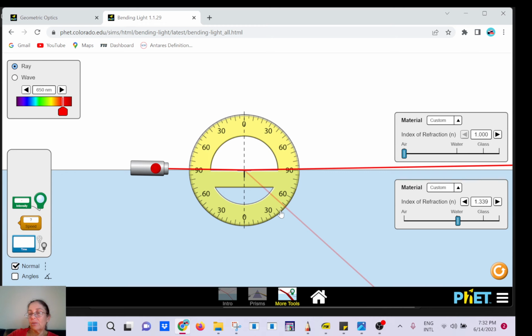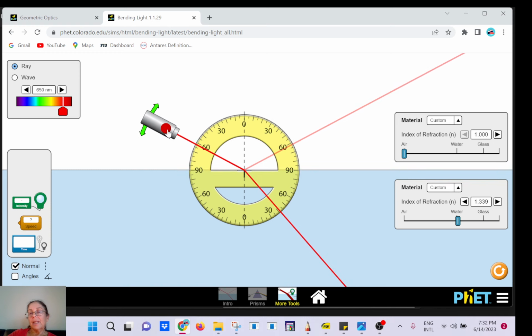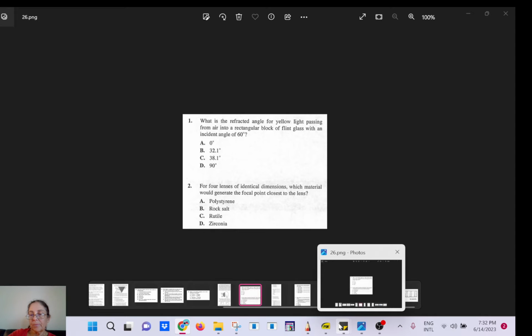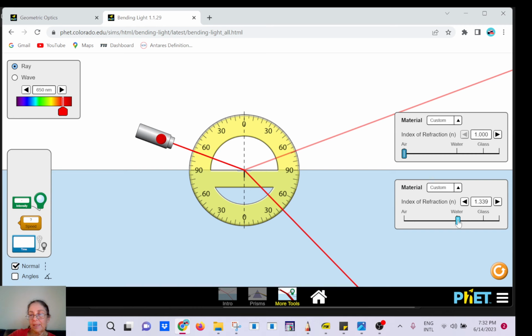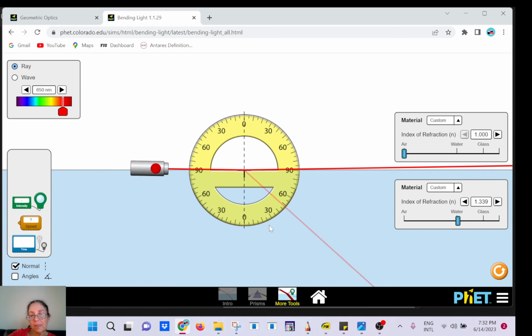And 48 degrees is the critical angle for water. So if it's 60, it has to be smaller than the critical angle. So it should be 32. So you see here, if you take the example of water, if the incidence here is 90 degrees, I'm going to get 48 here.